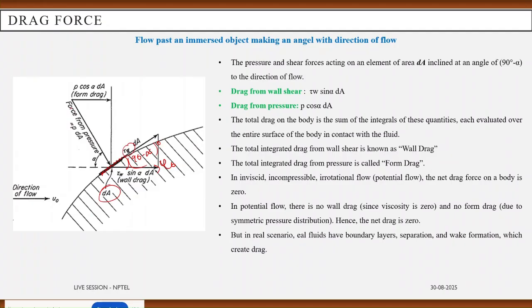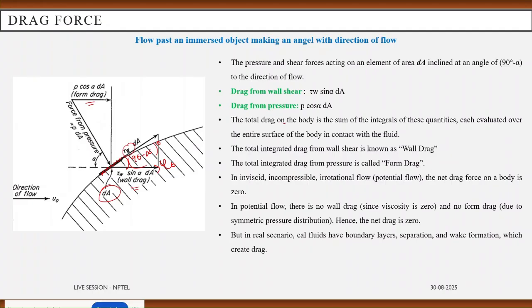Due to the pressure, which always acts perpendicular to the surface, there is a component of pressure, P cos alpha into dA, which is the component of the form drag, and tau sine alpha into dA is the wall drag.